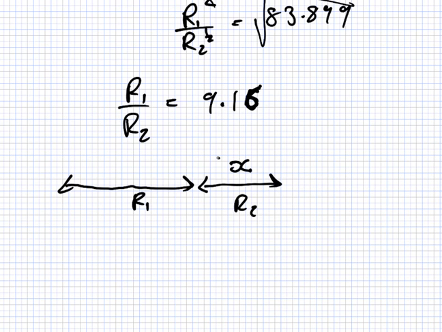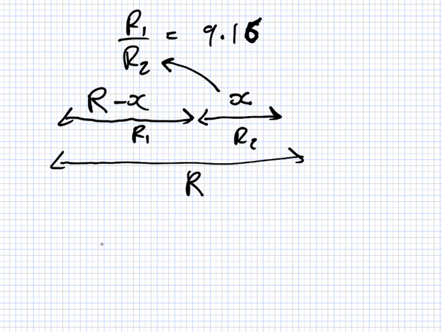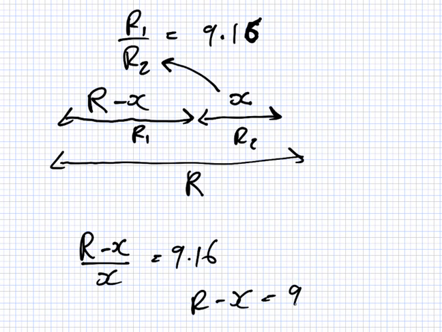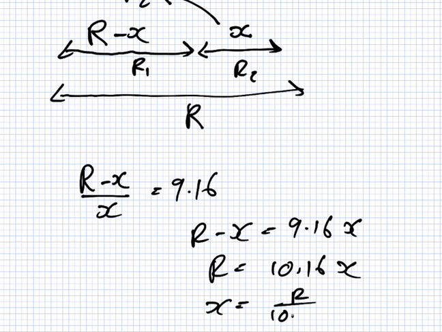But in the question they call this X, so I'll put that in for X. And this distance here would be the total distance minus X. So you can say now that R minus X over X equals 9.16. So R minus X equals 9.16X. So R equals 10.16X. So X is R over 10.16.